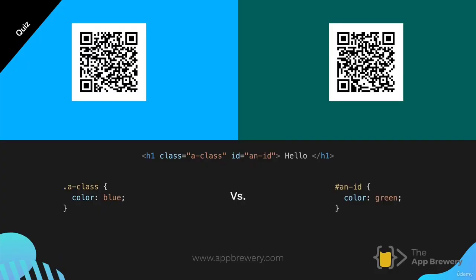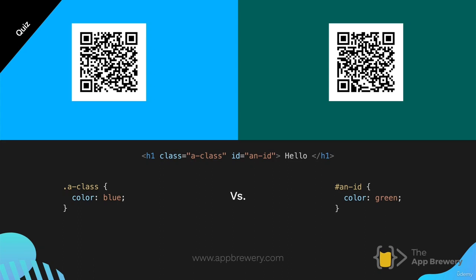This is the first quiz. Here we have an H1 element, and it's got a class as well as an ID. And there are two different CSS rules, and you can assume that they are both on an external style sheet, so our style.css. Now I want you to pick what will be the final color of this H1.